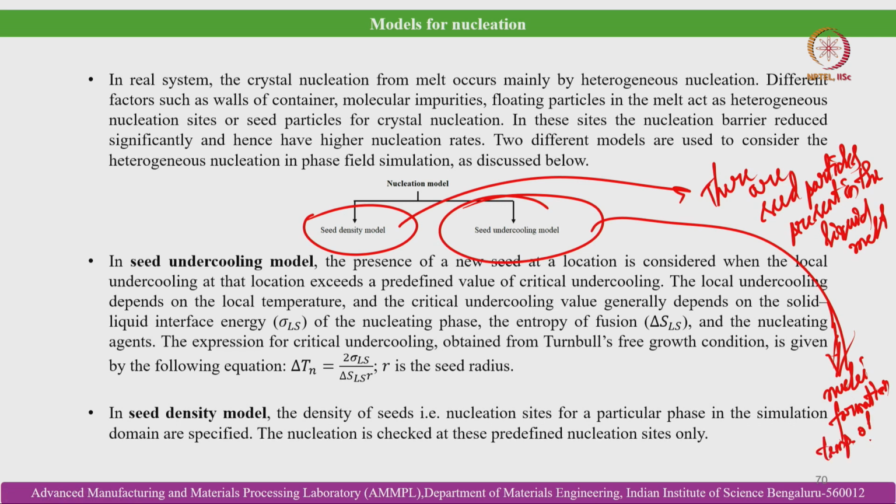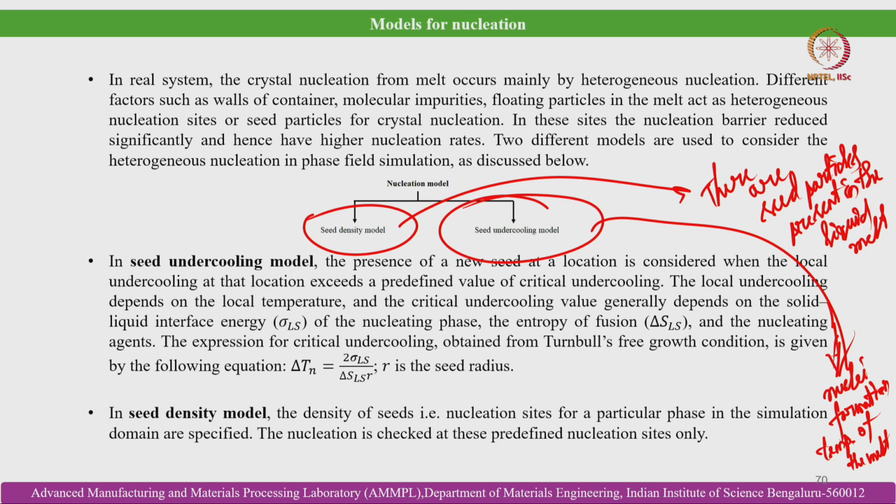That means it depends on the undercooling available at that particular location within the melt, and that decides the activation of the seed particle or nucleus to become a fully formed grain within the solidifying melt. In the seed undercooling model, the presence of a new seed at a location is considered when the local undercooling at that location exceeds a predefined value of critical undercooling.